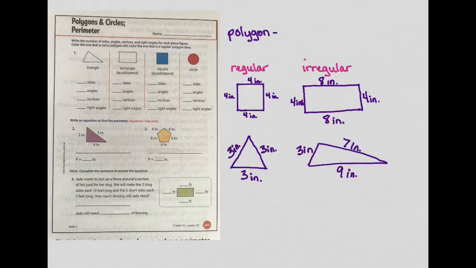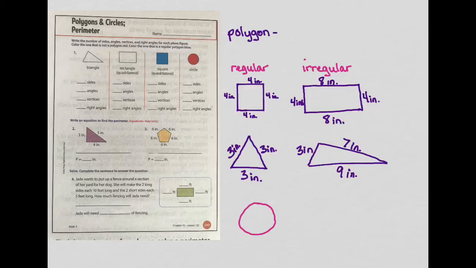Okay, well, let's talk about a circle. Is a circle a polygon? Let's take a look at one here. Here is a circle. A circle has 0 sides, 0 angles, and 0 vertices. Do you remember what the definition of a polygon is?